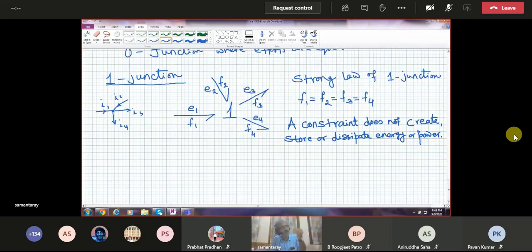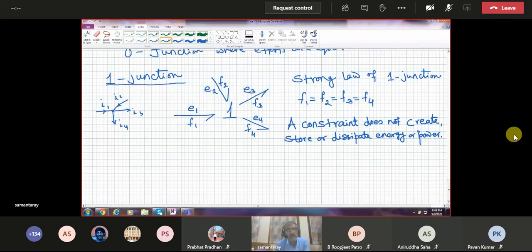So that point will neither store, dissipate, nor generate energy. So that is a constraint. If we assume this definition of a constraint, then for this one junction, I will write down the power balancing equation.